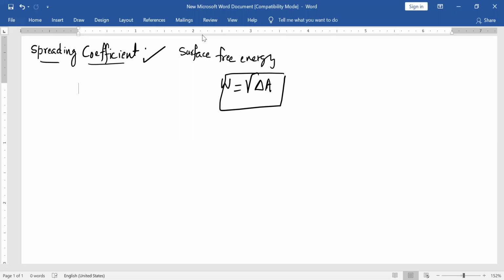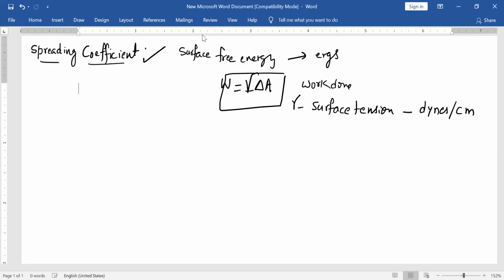ये हम previous discuss कर चुके हैं, where W is the work done or surface free energy increase, and that surface free energy is expressed in terms of Ergs. What is gamma? Gamma is surface tension, and its unit is dynes per centimeter.